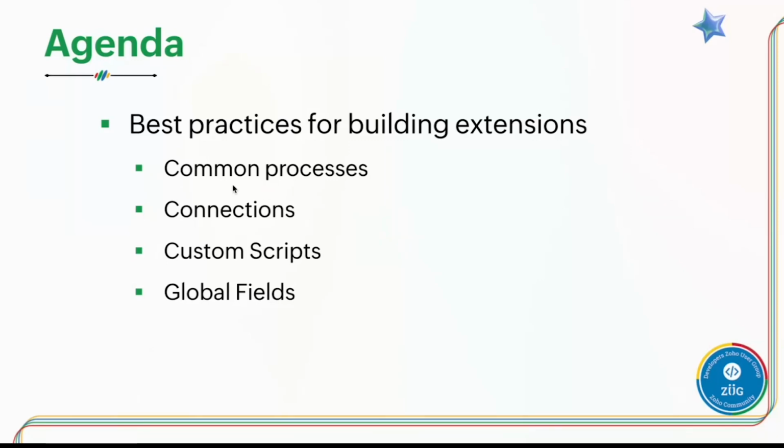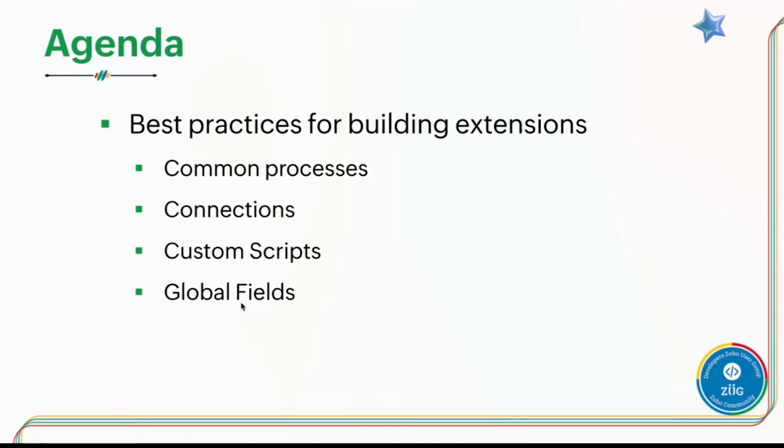We'll first see the processes that are common for any extension that you build for Zoho Books. After that, we'll see the practices that are specific for components like connections, custom scripts, and global fields, one after the other.